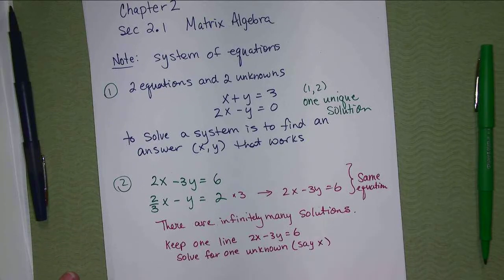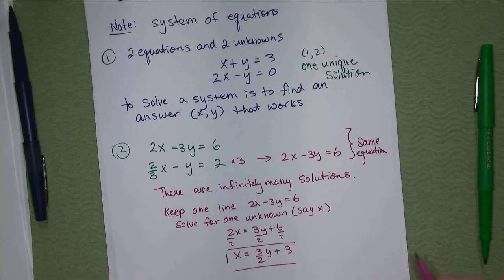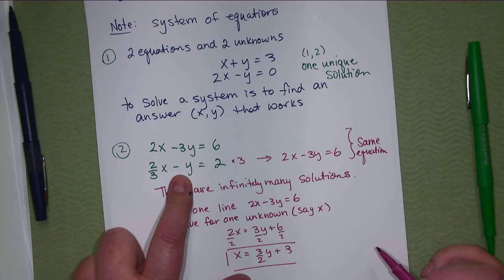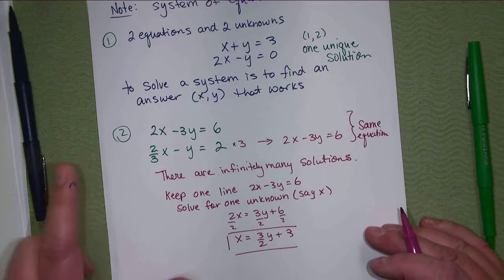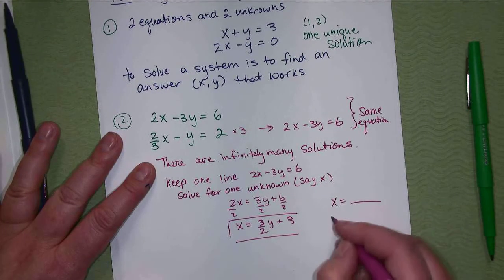Say x, solve for x. So 2x equals 3y plus 6. Divide everything by 2. Okay, so that's just the equation rearranged. You could solve it for y. You could even have taken this one and solved for y. It doesn't matter. Now our solution is x equals something and y equals something.